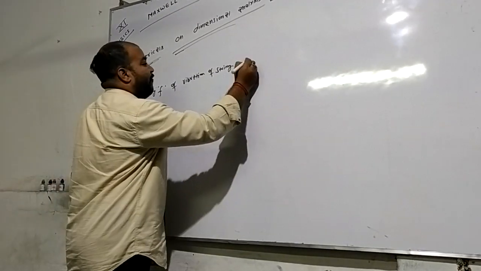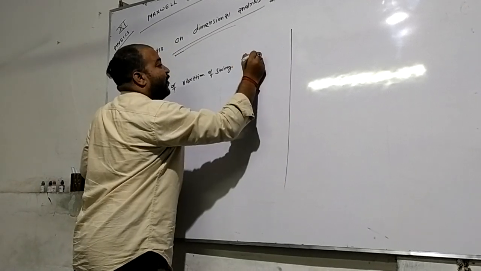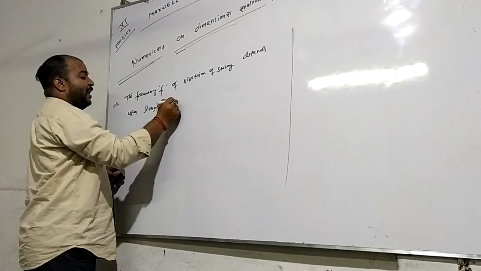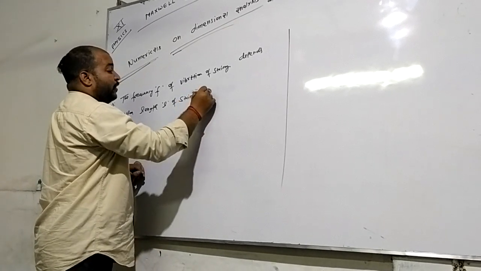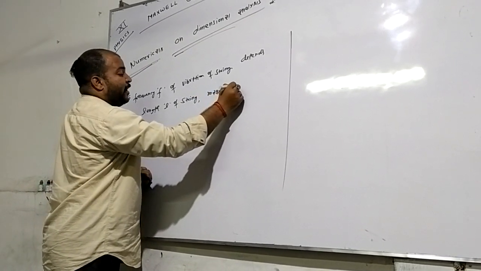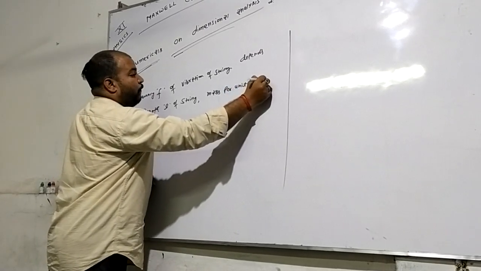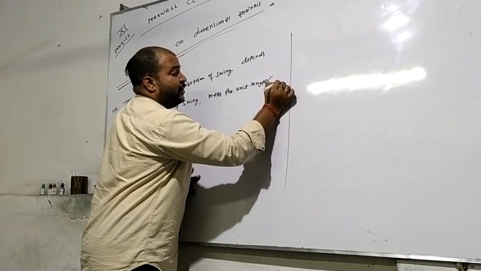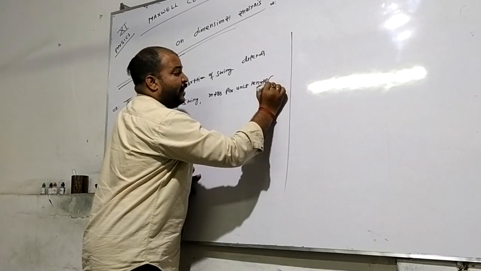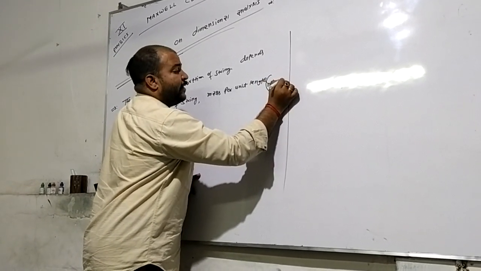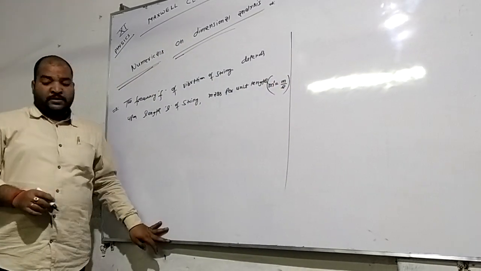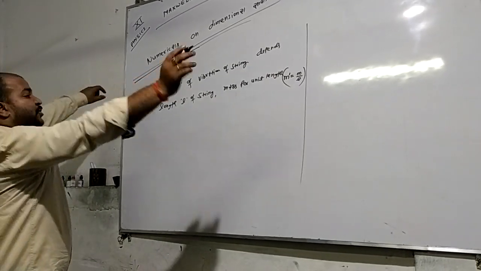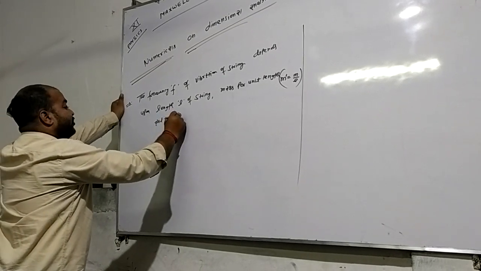So the frequency f of vibration of a string depends upon the length L of the string, mass per unit length, which is denoted by m dash, equal to mass per unit length, and the tension T in the string.